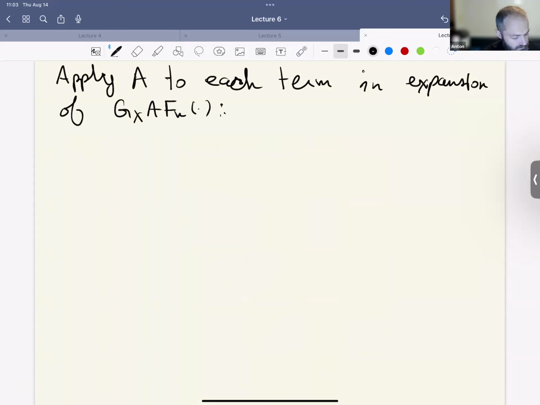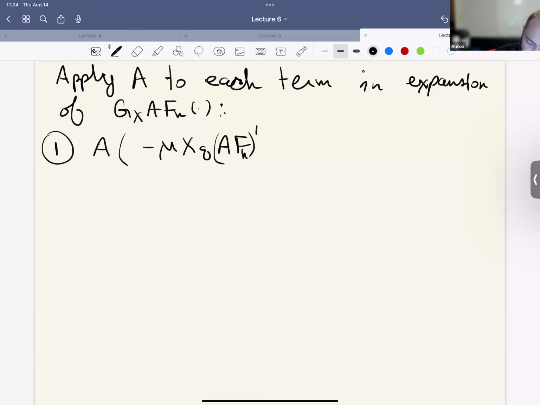Okay, term number 1: A applied to this thing, negative mu x sub q a f sub h prime. So I'm not going to write these parentheses anymore around a f sub h, but I just wanted to do it once.